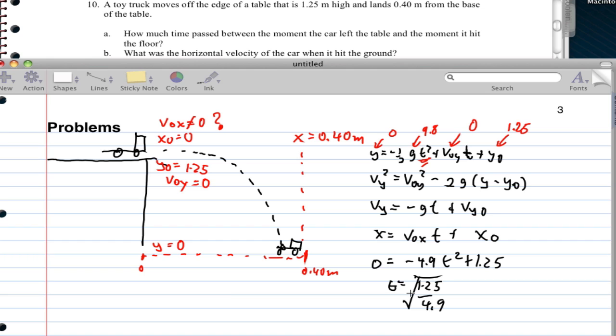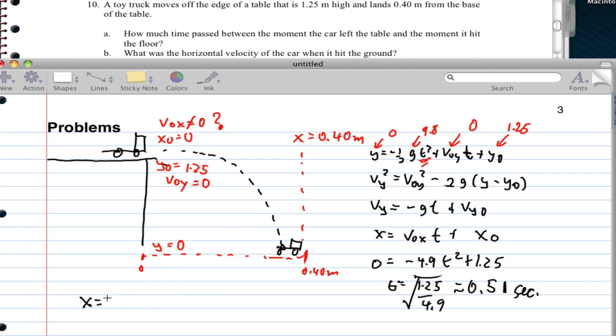So 1.25 divided by 4.9, all that under a square root gives me about 1/2 second, 0.551 seconds, really.